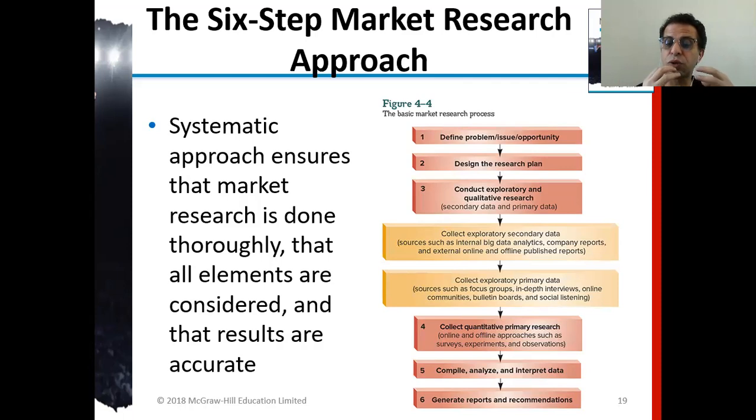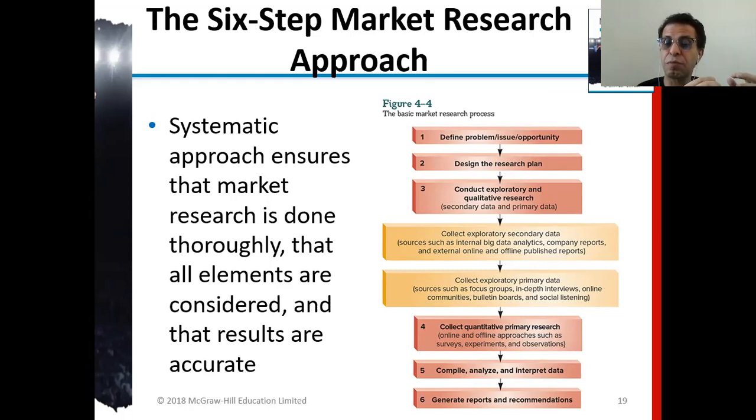The second thing we will do after that, we conduct exploratory and qualitative research. It's about collecting and exploring secondary data in the market, like the internet, books, library research, sources such as internal big data analytics, company reports, and external online and offline published reports.